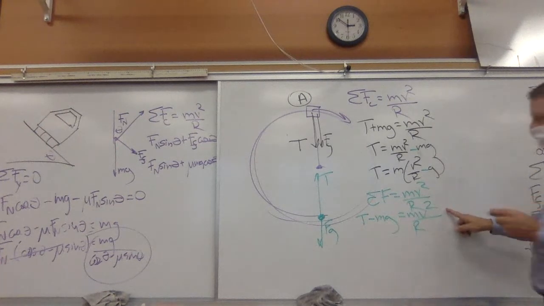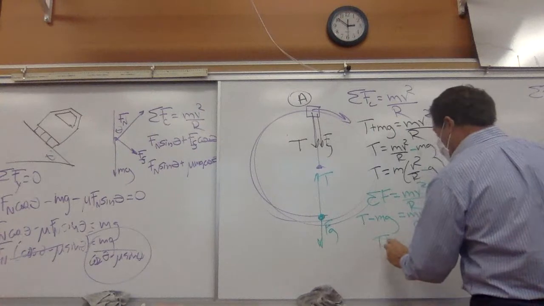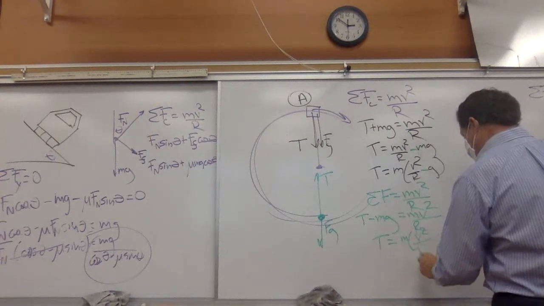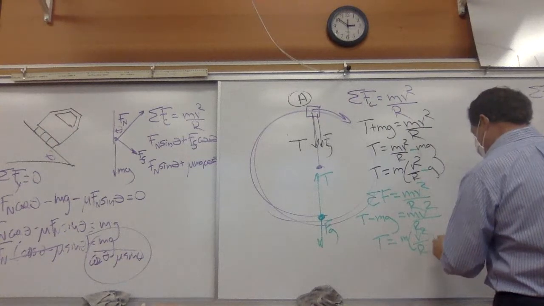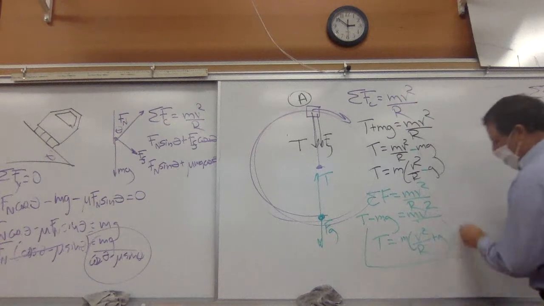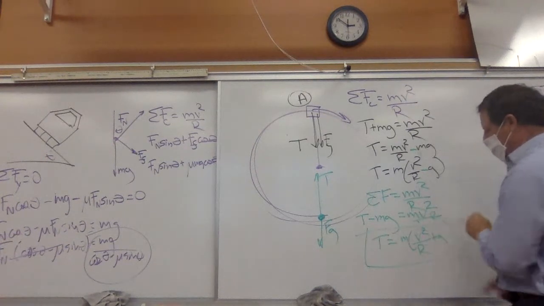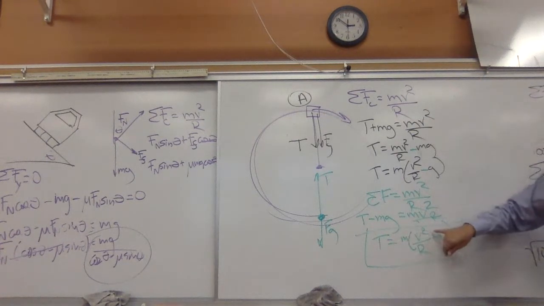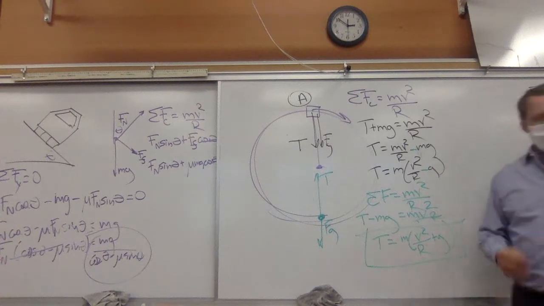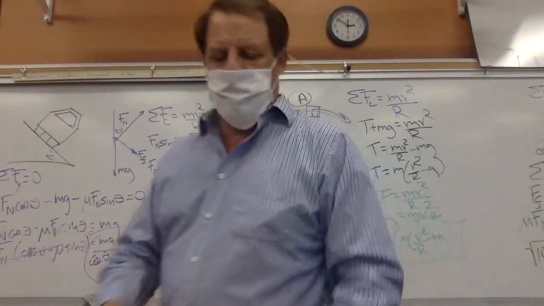And now when I bring this negative mg to the other side, it is going to turn positive. We're going to end up with tension is equal to m times the quantity of v squared over r plus g, where the tension at the top was minus g.